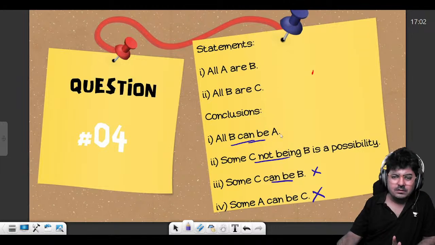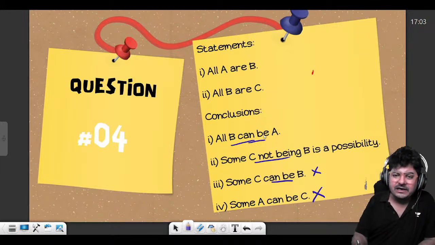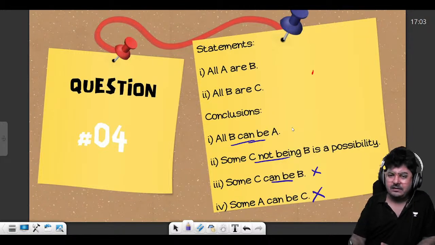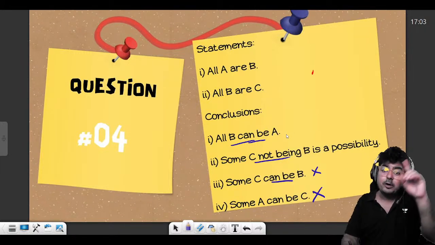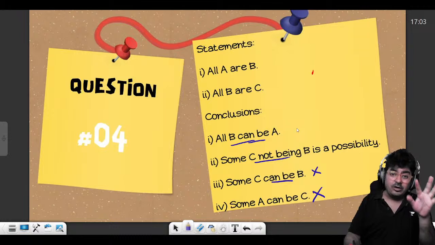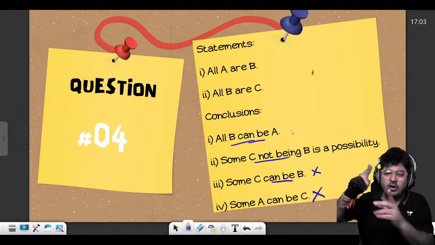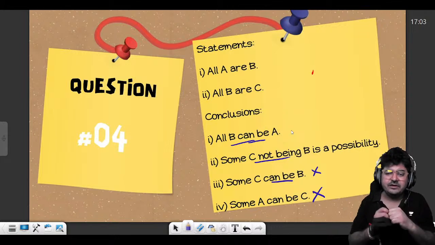Now, first and second. All B can be A. Yes, if B coincides with A, then all B can be A. Can be means there is a possibility. Now again, all B are A and all B can be A. Which one will you select?